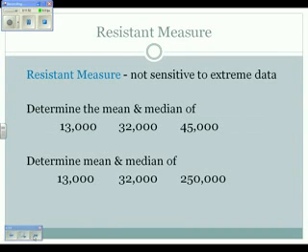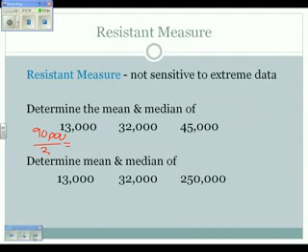So determine the mean and the median of these three data values. Well, what would the mean be? Yeah, we would add these three together, and so we would get what when we added those together? $90,000.